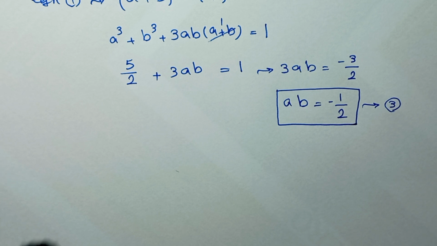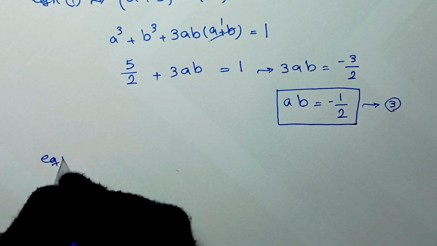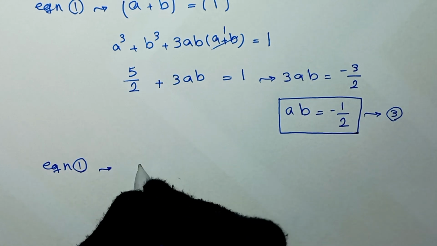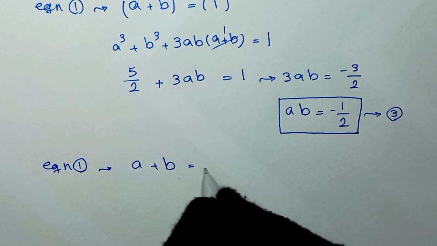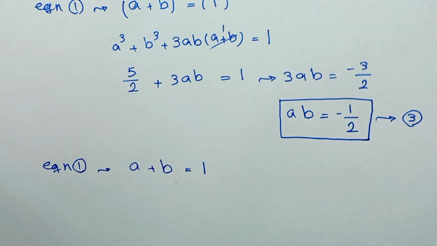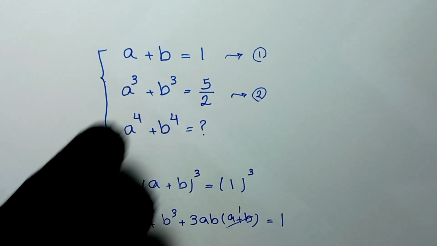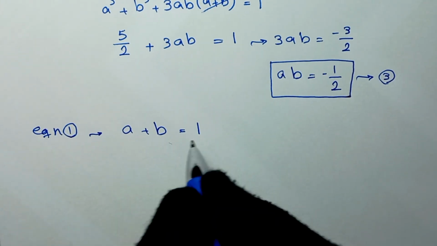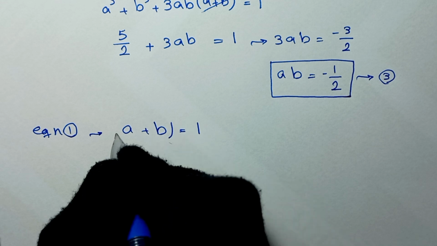In the next step, we write equation 1 again: a plus b is equal to 1. Here, we raise both sides of the equation to the power of 2.